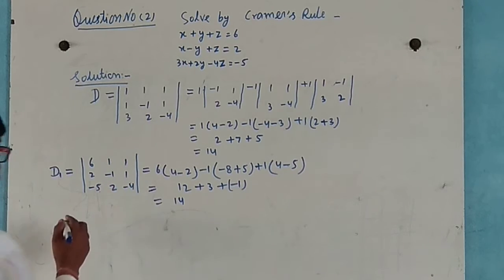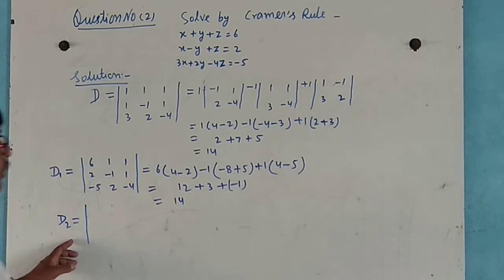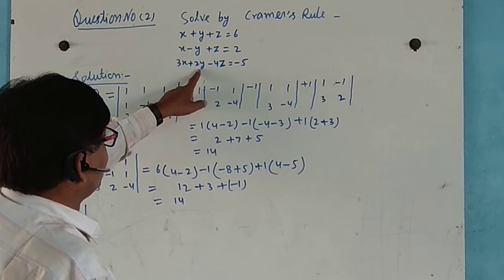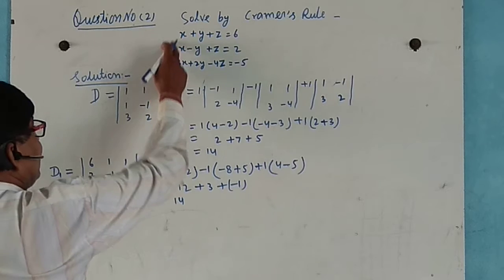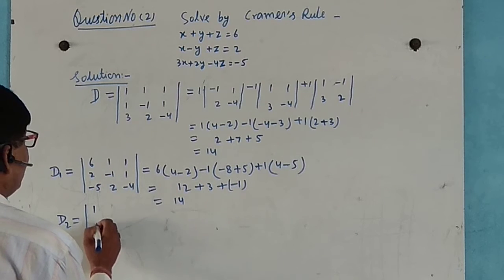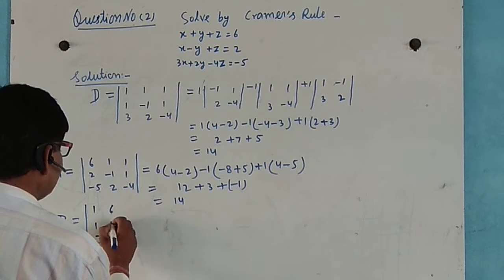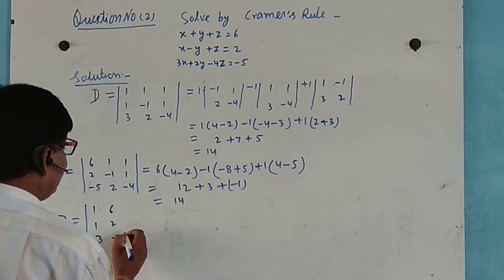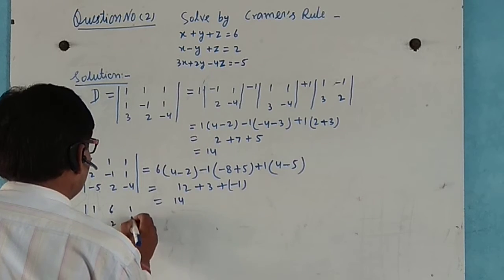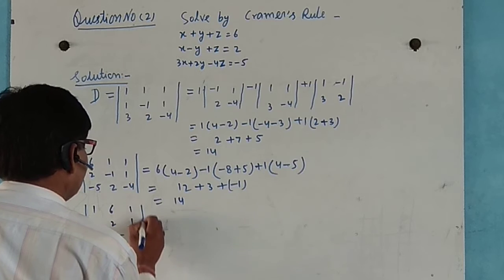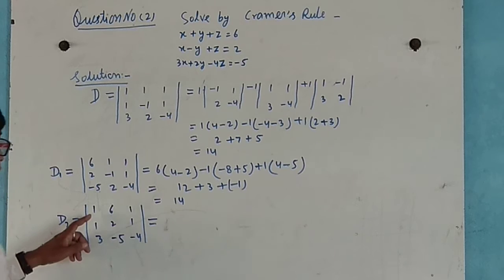Now D2. With the help of D2 we calculate the value of y, so in place of the second column we use 6, 2, minus 5, and the rest are 1, 1, 3, 6, 2, minus 5, and 1, 1, minus 4. Now we solve this.